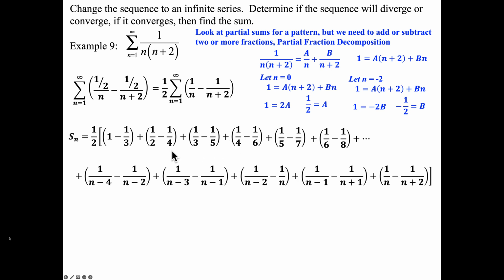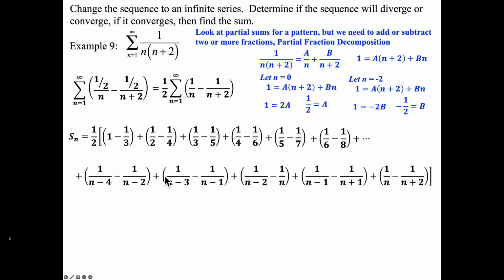So I'm going to start at the back and finish with this fraction and then subtract 1 from each of these denominators. So 1 over n becomes 1 over n minus 1. 1 over n plus 2 becomes 1 over n plus 1. Subtract 1 again. 1 over n minus 2 minus 1 over n. Subtract 1s again. You're always adding the binomials together, but I'm going to find that pattern here.